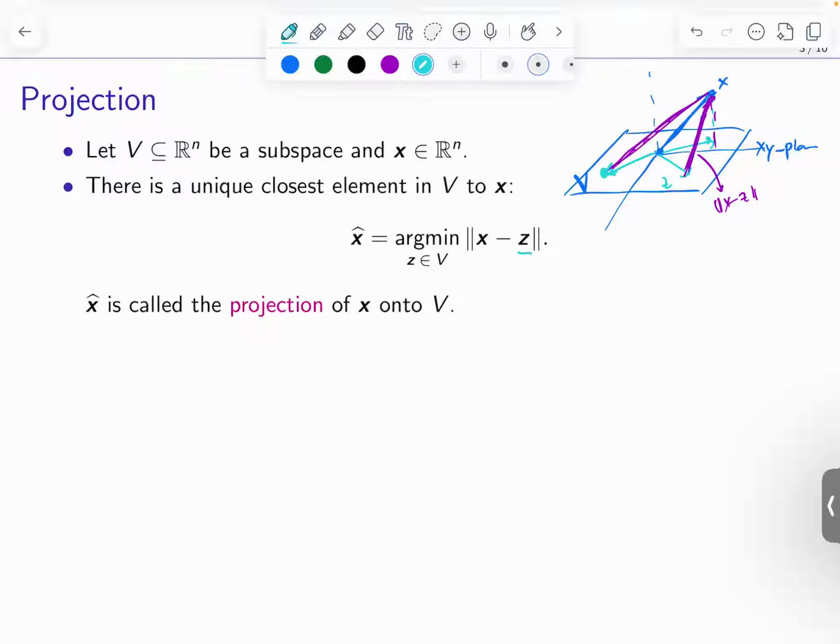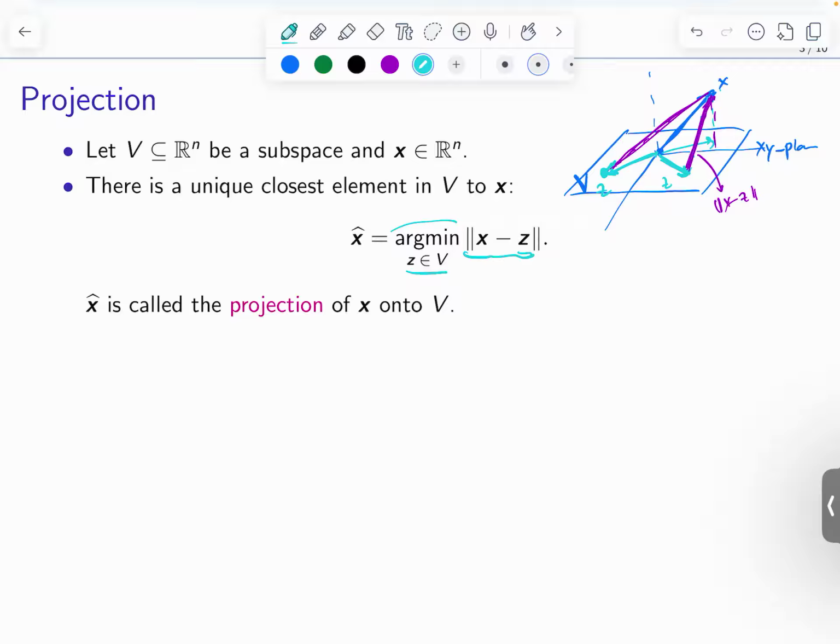Here we're viewing vectors as points. So z's are in V, and I look at the distance of x to z, measured in this norm. The arg min means we minimize it and take the argument that minimizes it, so the z that minimizes this distance. For example, this particular z is closer to x than this other z. You can see that purple line is longer.